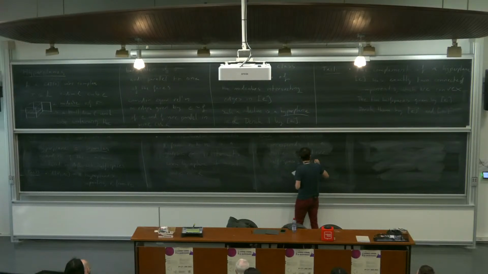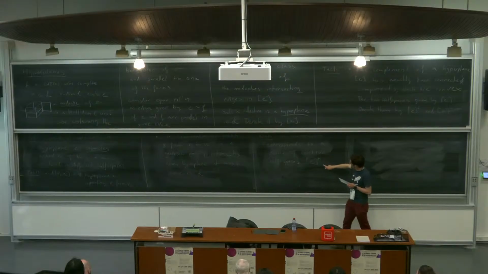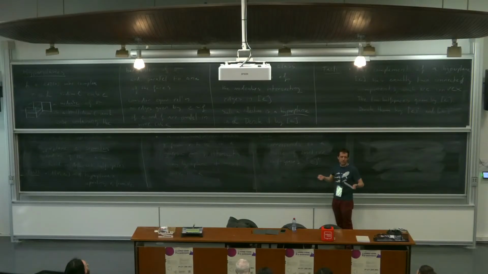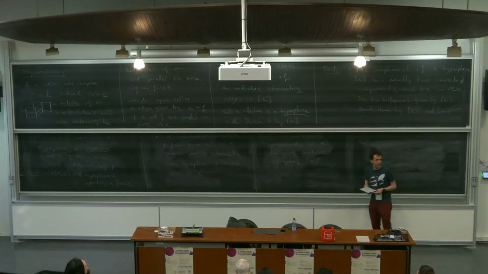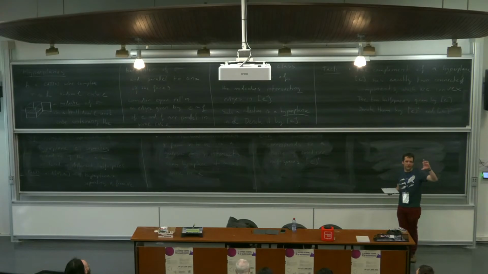If we associate to each hyperplane a positive half space, this one is positive, the other one is negative, that's the same as giving an orientation on your graph, because the orientation is just an orientation on the edges.